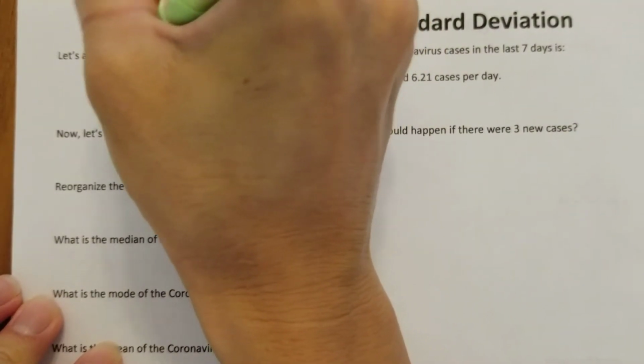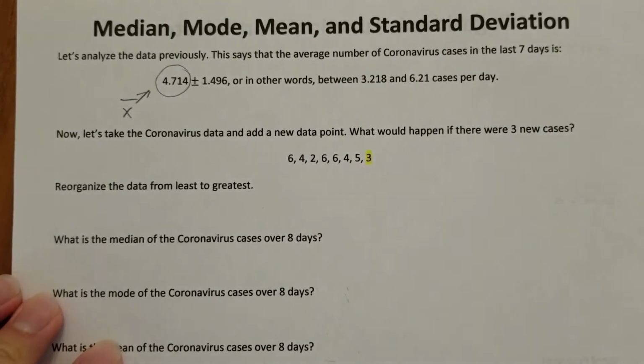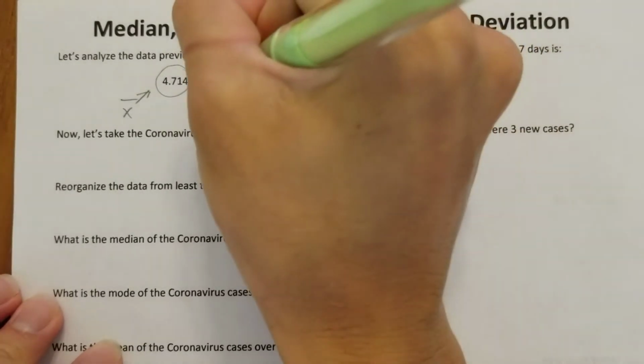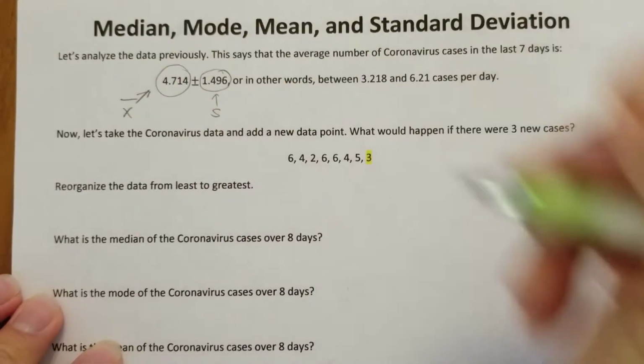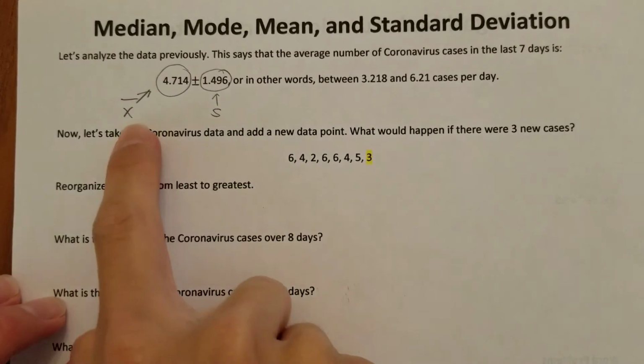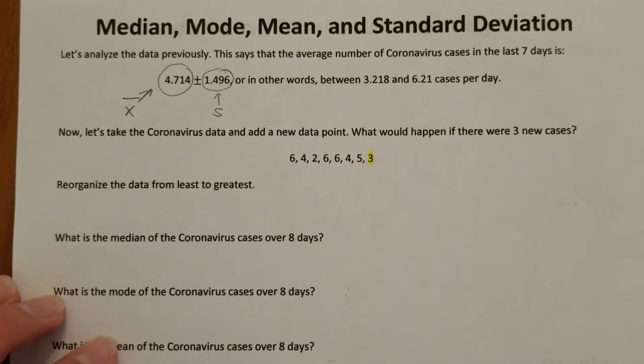This is our average, x bar. This is our standard deviation. If you look up a definition for standard deviation, it basically tells you the range of how far your values are from the actual average, or the mean.